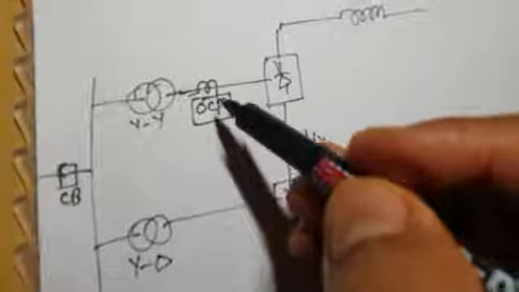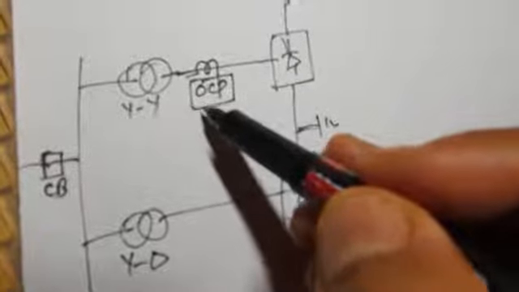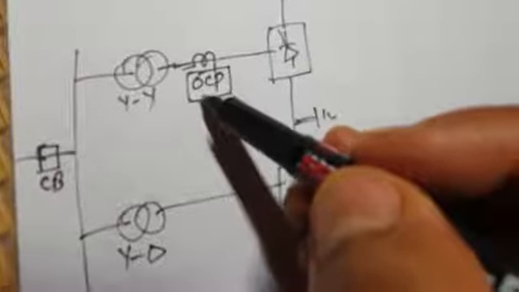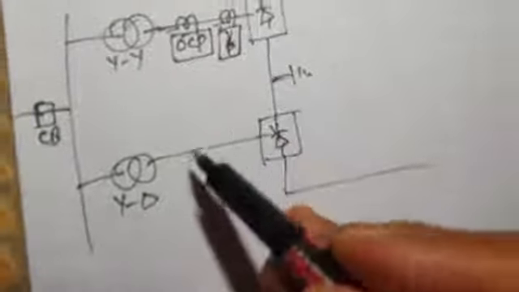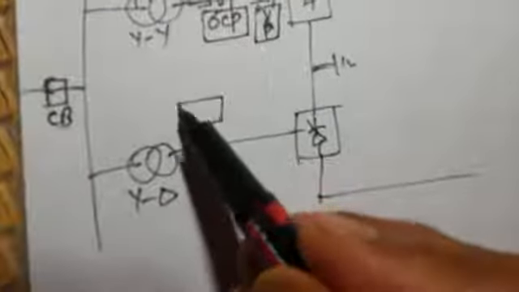Now we have a current transformer here, and this current transformer senses the overcurrents, and whenever there is overcurrent, the sensed overcurrents are given to this block. OCP means overcurrent protection block, and it provides the overcurrent protection. Another current transformer is here. This provides VGP. VGP means valve group protection. I will come to that. Similarly, you have here OCP, overcurrent protection, and next VGP, valve group protection.